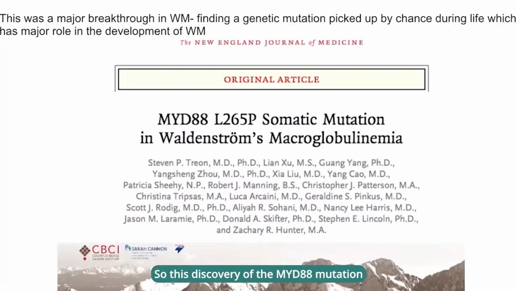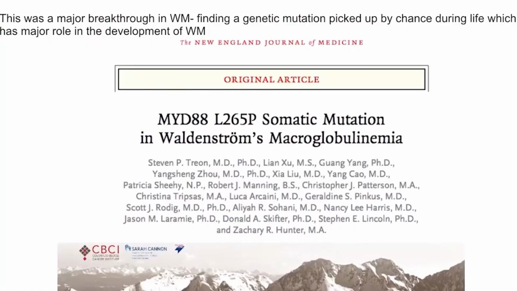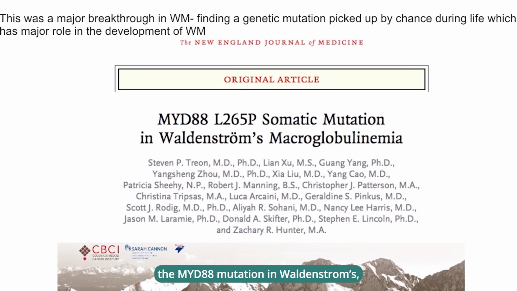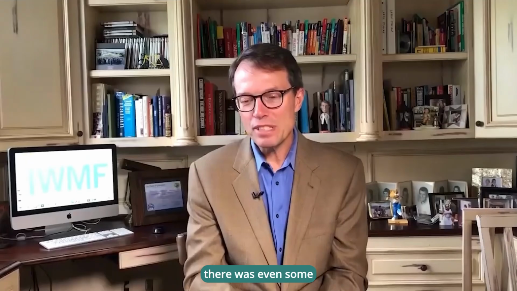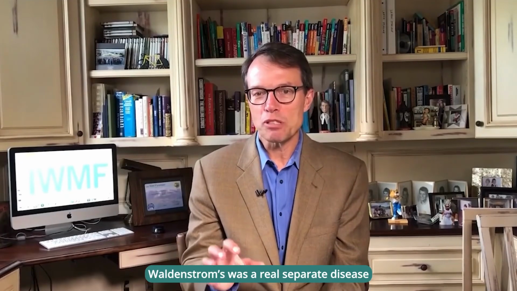So this discovery of the MYD88 mutation by Dr. Treon and others, and this is a seminal paper from the New England Journal of Medicine, was huge, because prior to us finding the MYD88 mutation in Waldenstrom's, there was even some debate about whether or not Waldenstrom's was a real separate disease and separate lymphoma.